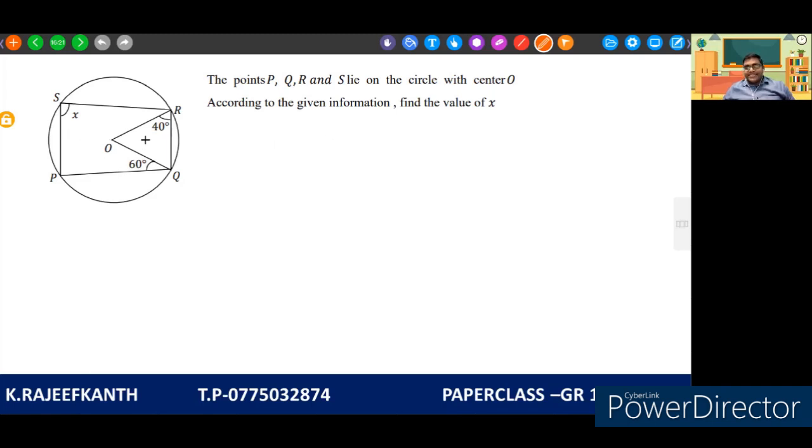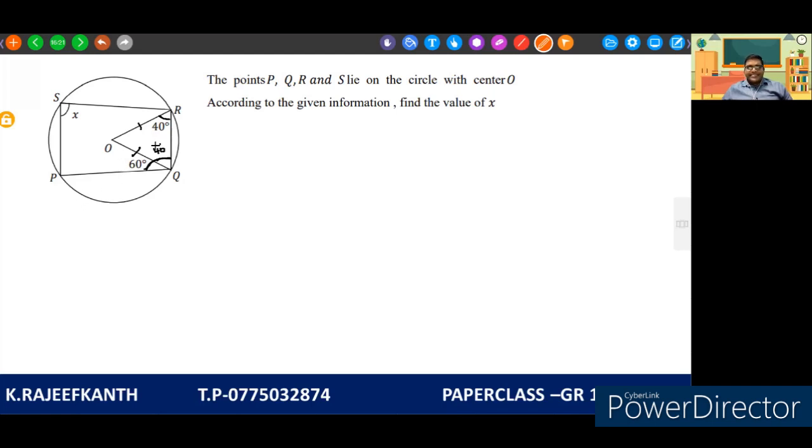Okay, here O is the center, then these two are radii, so these two sides are equal in this triangle. If these two angles are equal, because angles opposite equal sides are equal, then we can mark these angles as 40. So the sum of these two angles should be 100.